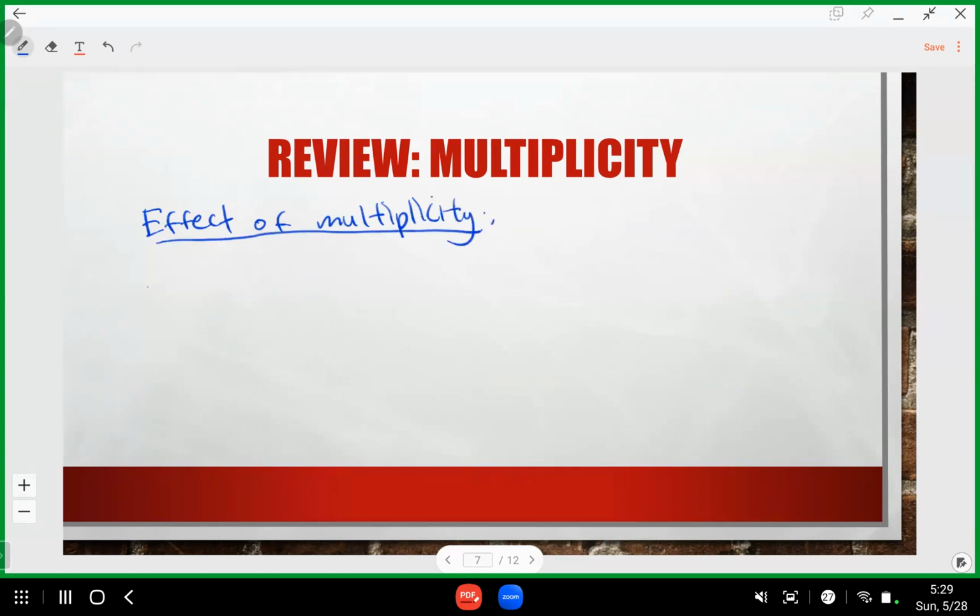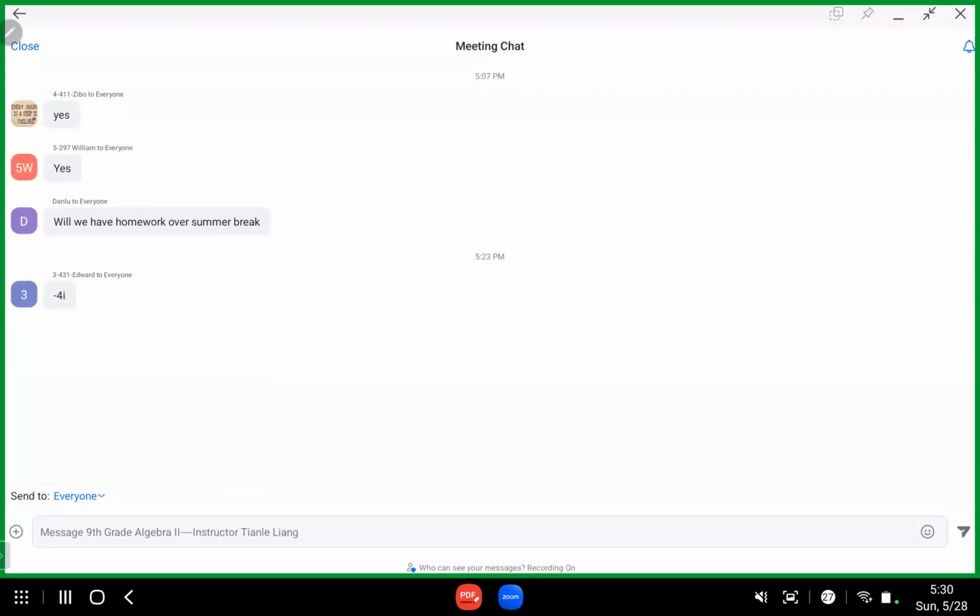All right, so let's say you have an even multiplicity. What do you think would happen? Who can answer this? If you have an even multiplicity at your root, what happens to the graph?